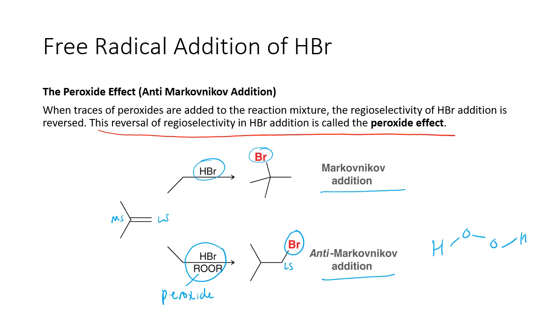In fact, when we learned the hydroboration oxidation reaction, what we saw there was that we had an alcohol placed on the least substituted side, and we also used peroxide in the second step for the oxidation there.